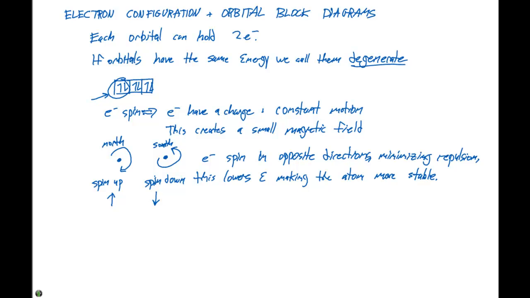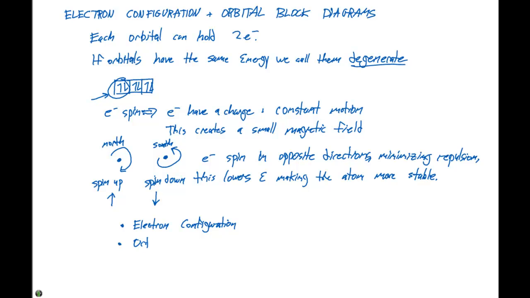Okay? So since this arrangement of electrons dictates the overall energy of the atom, we need a notation to describe the arrangement of these electrons. And there's 2 main notations that we use. We use electron configuration, which simply tells us how many electrons are in a particular orbital. And we also use orbital block diagrams.